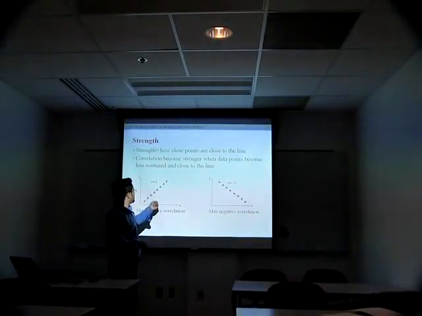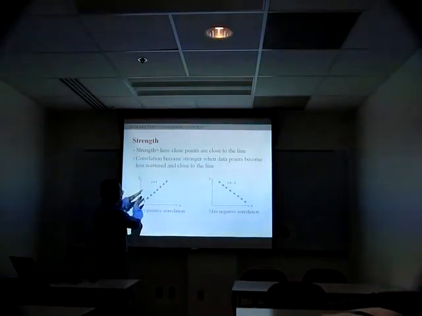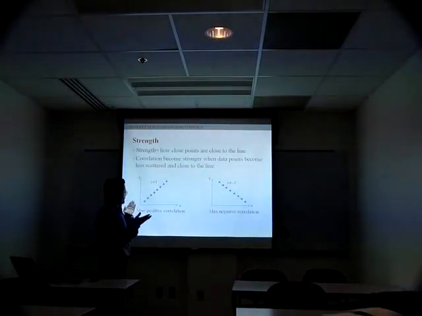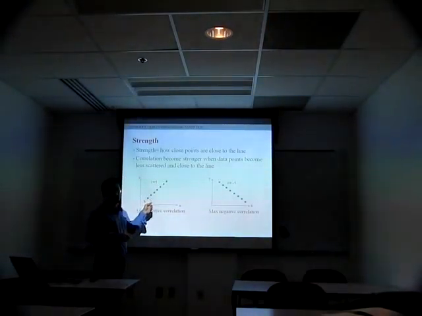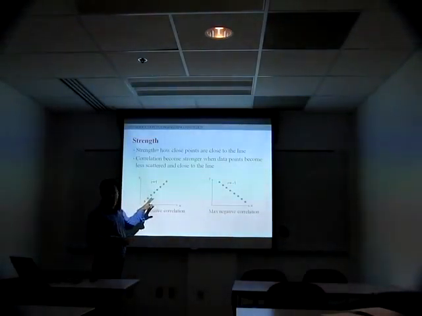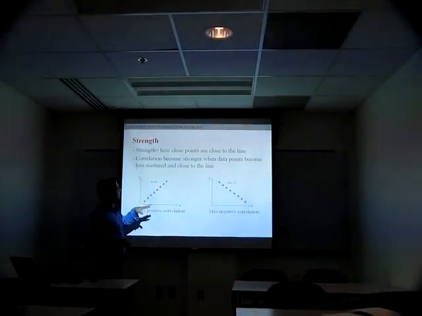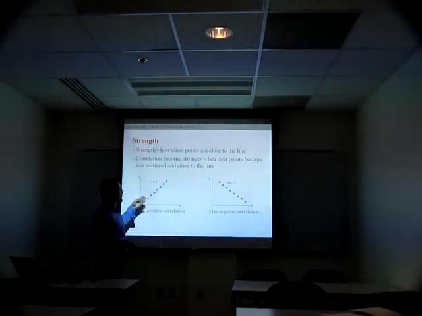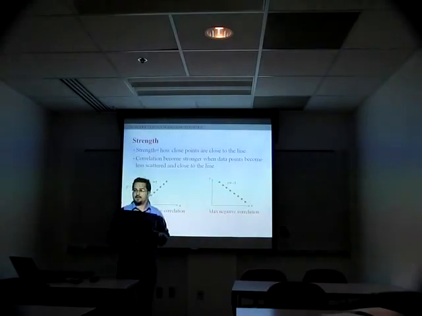For example, on the left side, all data are completely positioned on the line, which is the closest possible. So we have the maximum positive correlation. The slope is positive, and R is equal to 1.